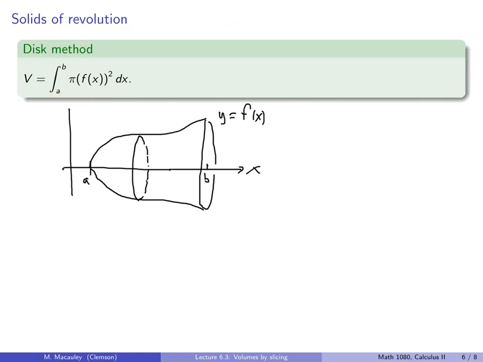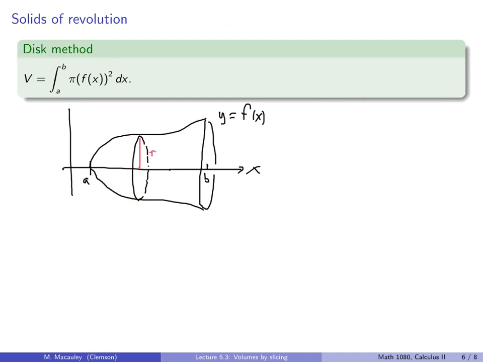So now, if we are revolving this curve about the axis, our slices are going to be little coasters, little wafers, and the volume of each slice is going to be the area of each circle times dx, and the area of the circle is pi times the radius, so this is r.